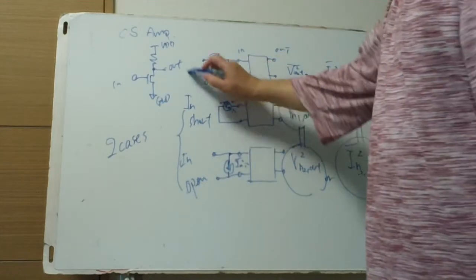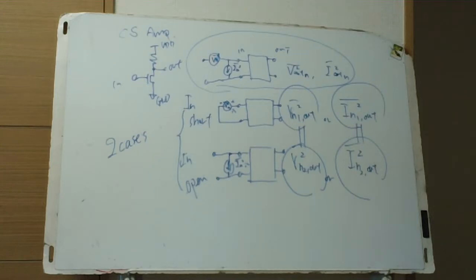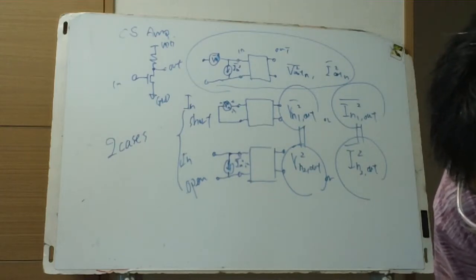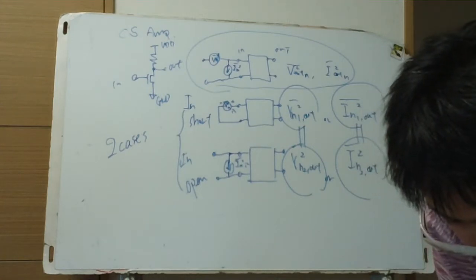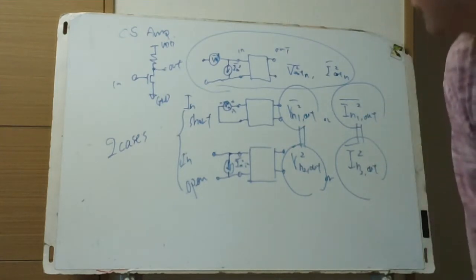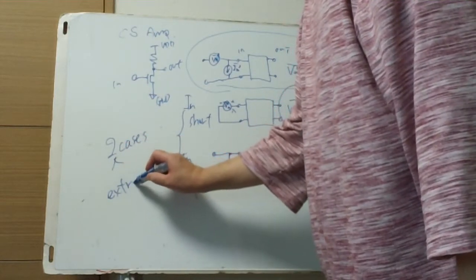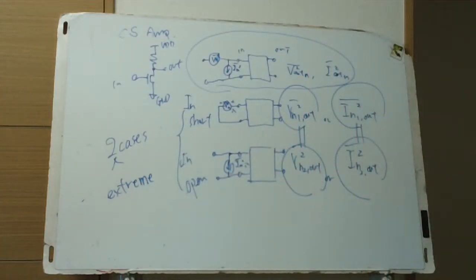This is a general case, and this is a limiting case, or as this book says, extreme. So, two extreme cases.